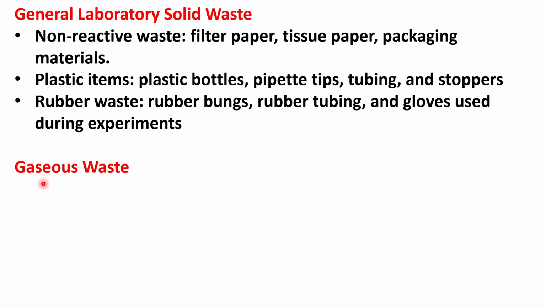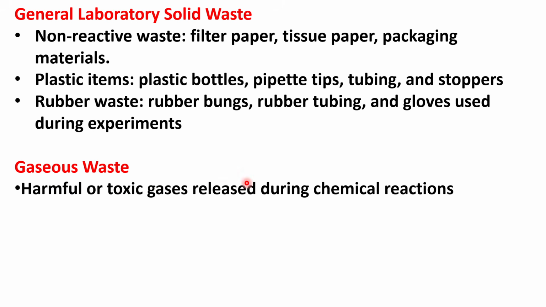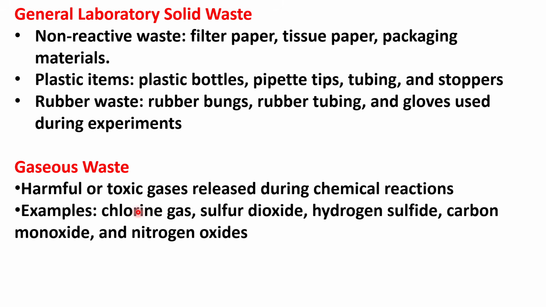Another type of waste is gaseous waste. These are waste in gas form. Harmful toxic gases released during chemical reactions are all gaseous waste. They include chlorine gas. For example, when you are hydrolyzing sodium chloride, a salt, one of the products is going to be chlorine gas. Sulfur dioxide, hydrogen sulfide, carbon monoxide, and nitrogen oxides.